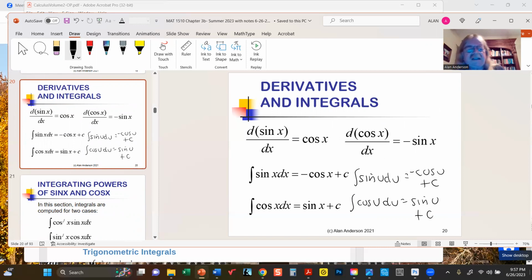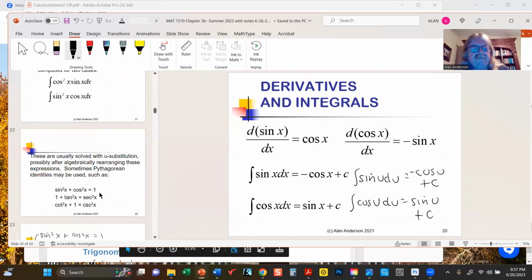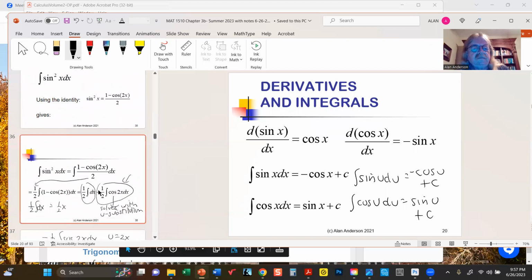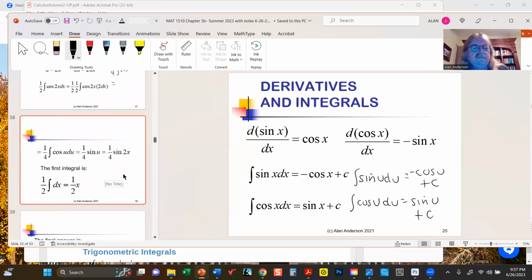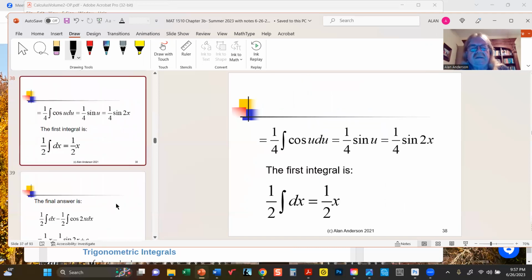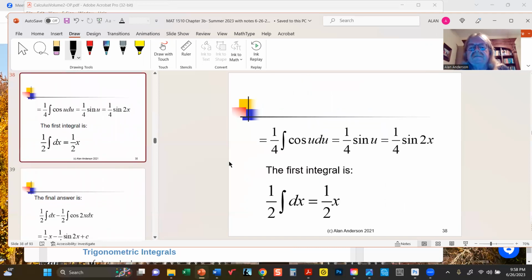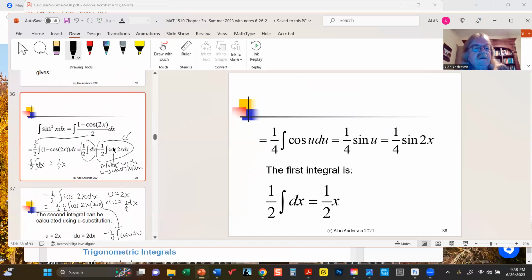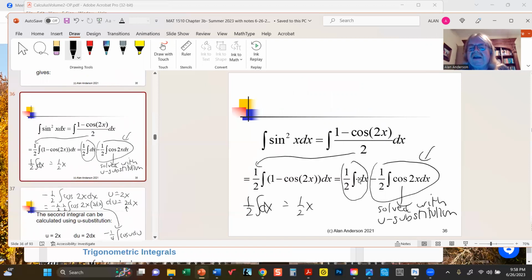Okay, and that's exactly what we're dealing with here. Anyway, so this is what it ends up being. So in other words, way back here, we have this expression, which we'll treat separately.